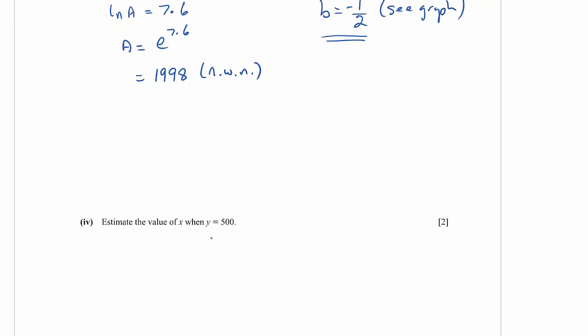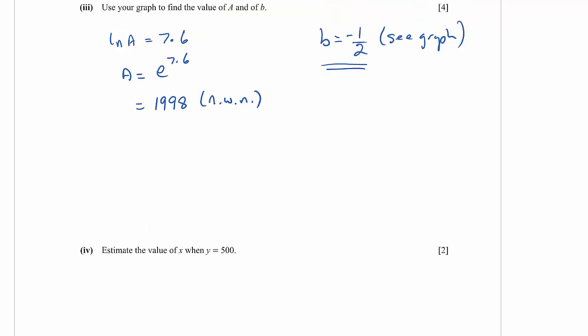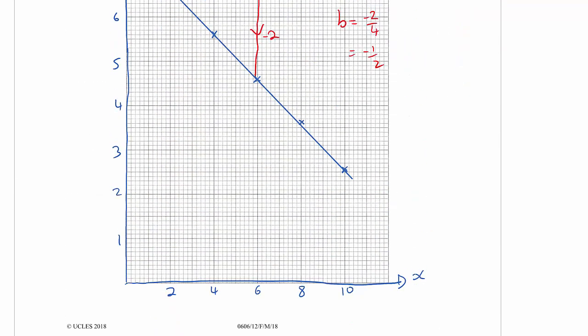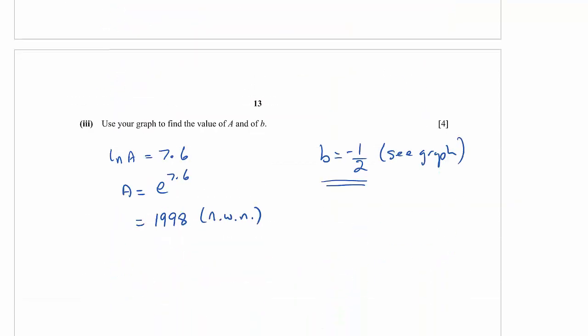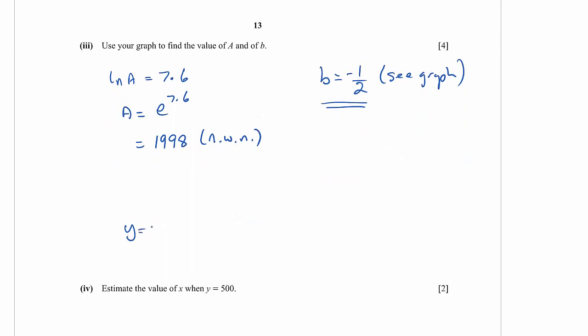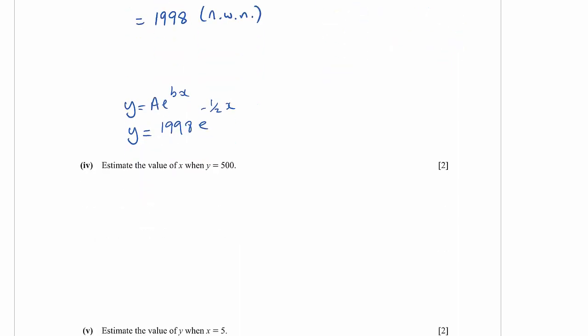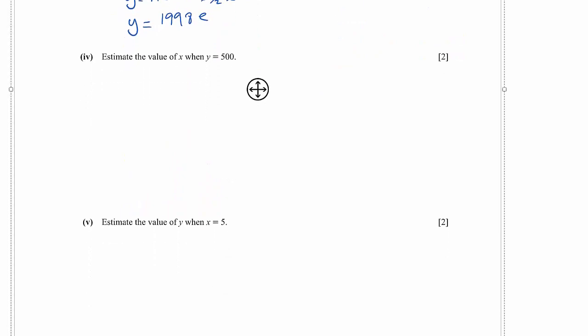So we want to estimate the value of x when y is 500. The relationship was of this form: y equals Ae to the Bx. So we can now say that y is equal to 1998 e to the negative half x. I'm actually going to do this bit down here first because it's the easiest one to do. Estimate the value of y when x is 5.